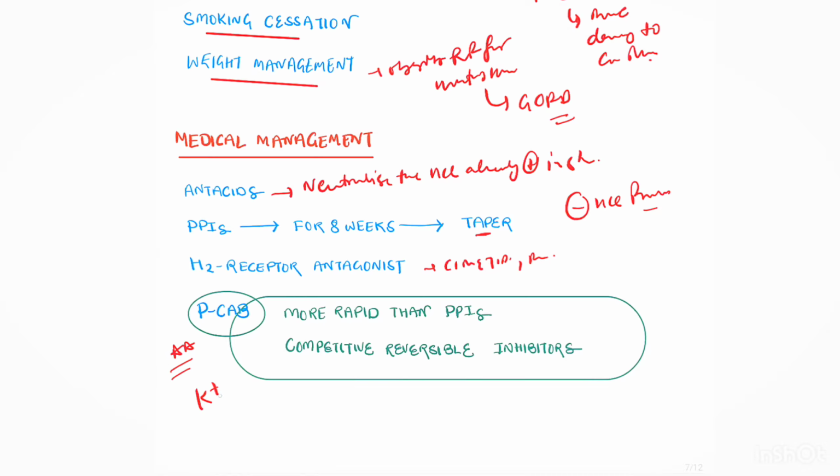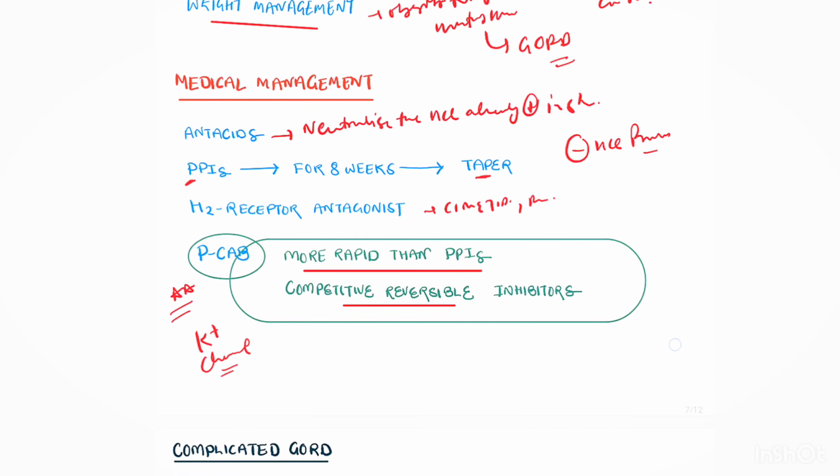They block the potassium channels. What is the advantage of these over the PPIs? They are more rapid than PPIs, and they inhibit the hydrogen potassium pump competitively in a reversible manner. So this is the medical management.